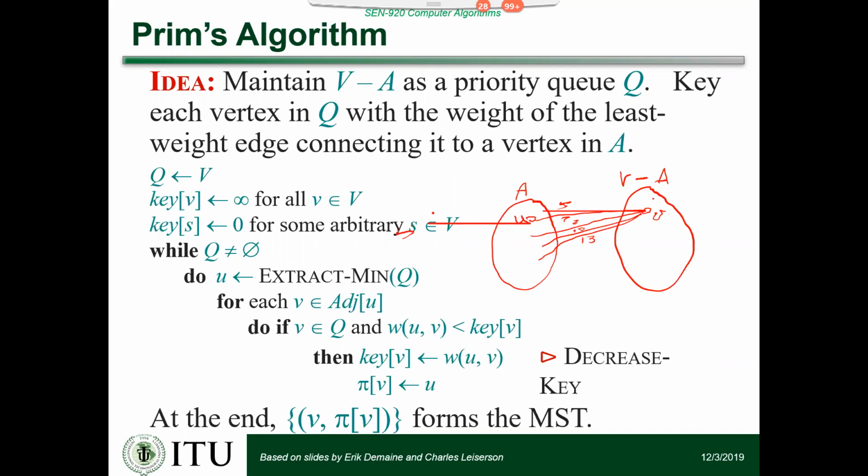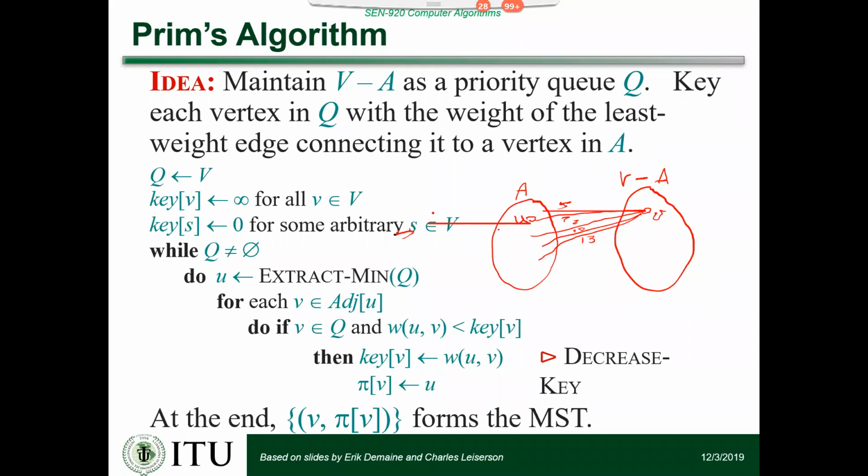Remember, all the vertices in V minus A are inserted into the priority queue. The key of every vertex is the lightest edge weight of the cross edges incident to it. So in this example, 2 would be the key for this vertex.